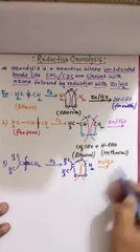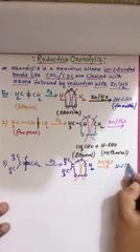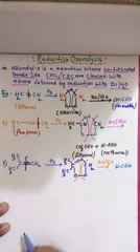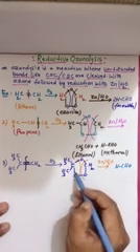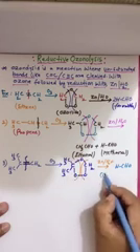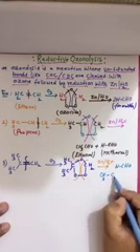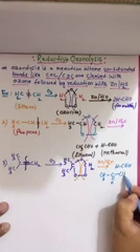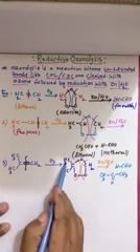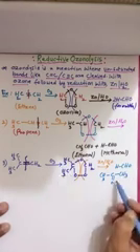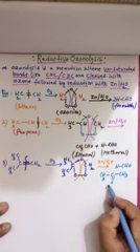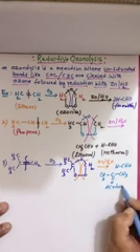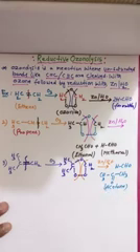Look here, CH2O means HCHO, formaldehyde, and here CH3, and this double bond broken means CH3 C double bond O CH3, CH3COCH3.